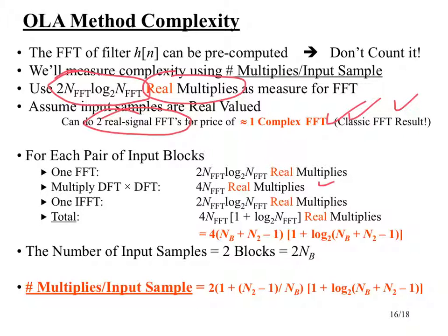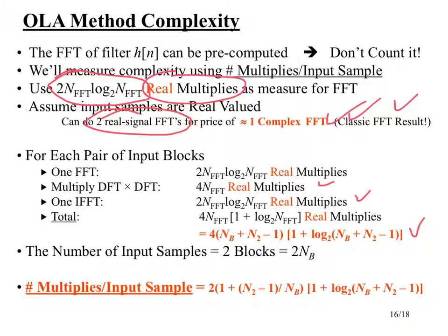We can do one complex FFT and essentially get 2 output blocks that way. So that will cost us 2 NFFT log 2 NFFT real multiplies. And if we add that all up, we get something that looks like this, where we've now replaced NFFT by the smallest possible value, ignoring the fact that it would be 0 padded up to the next higher power of 2, but we'll ignore that for right now.